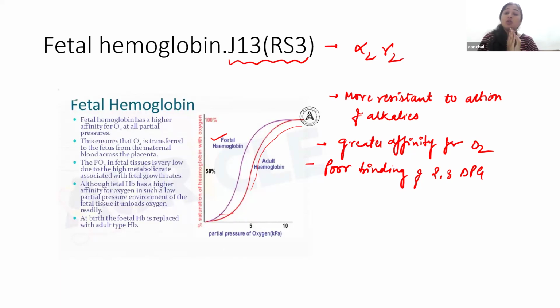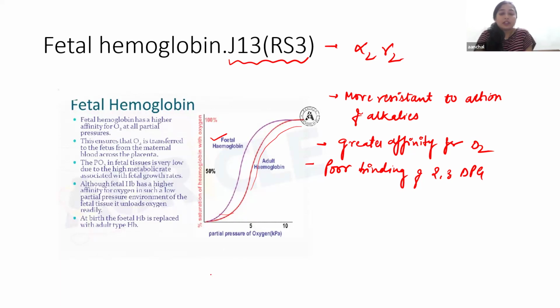All students, please remember that HbF has greater affinity for oxygen as compared to adult hemoglobin, so it can take a much larger volume of oxygen than HbA.